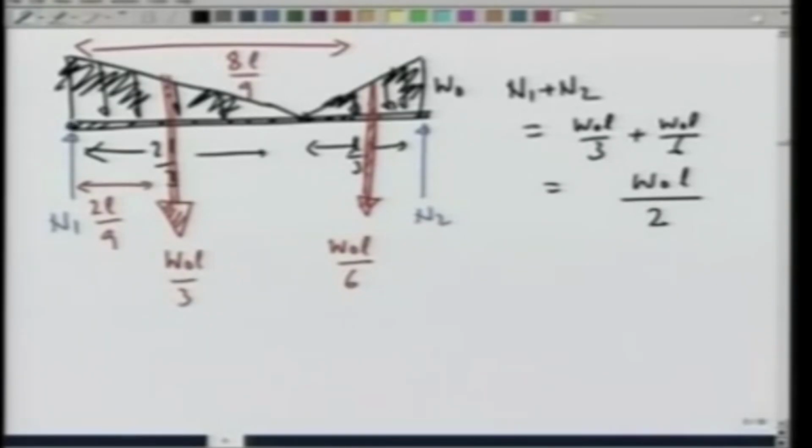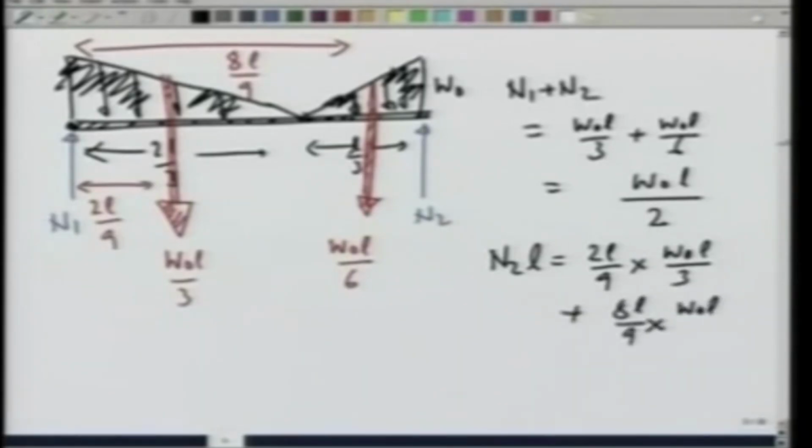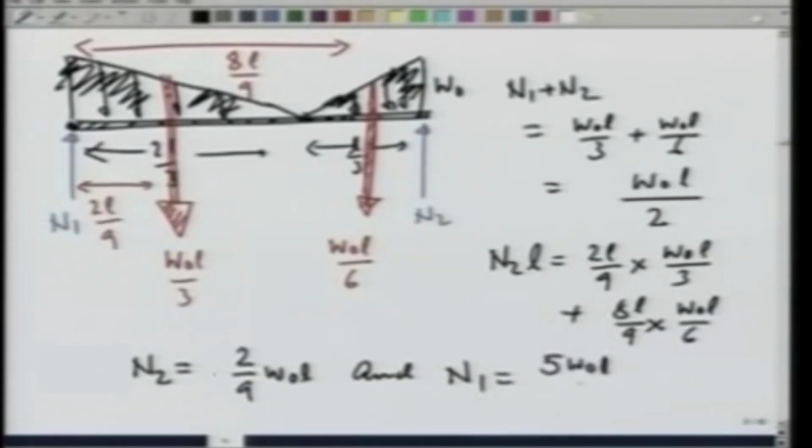All the distances are known, so it is going to be N2 times L equal to 2L by 9 times W naught L by 3 plus 8L by 9 times W naught L by 6. When I solve the two equations, I get N2 to be equal to 2/9 W naught L and N1 to be equal to 5 W naught L over 18.